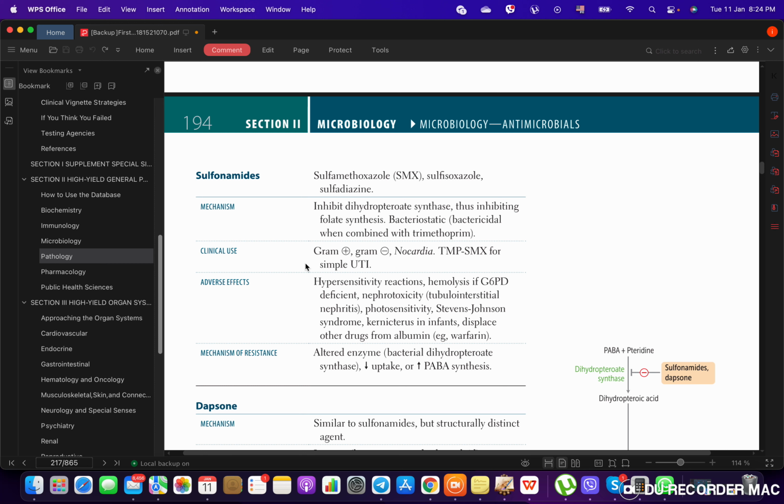Clinical use. It can be used against gram-negative and gram-positive bacteria, for Nocardia as well, and trimethoprim-sulfamethoxazole especially for simple uncomplicated UTI, lower urinary tract UTI, for example, acute cystitis. In acute cystitis, do we have fever?